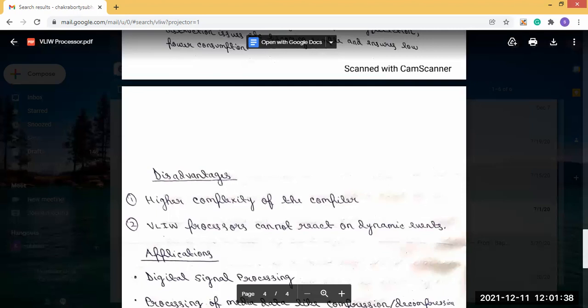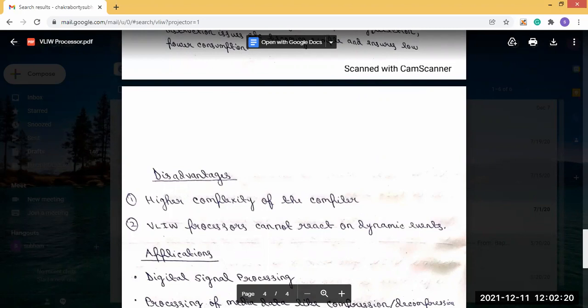VLIW means very large instruction word, and a normal compiler cannot handle such a large volume of instruction. So a higher complexity of the compiler is required.